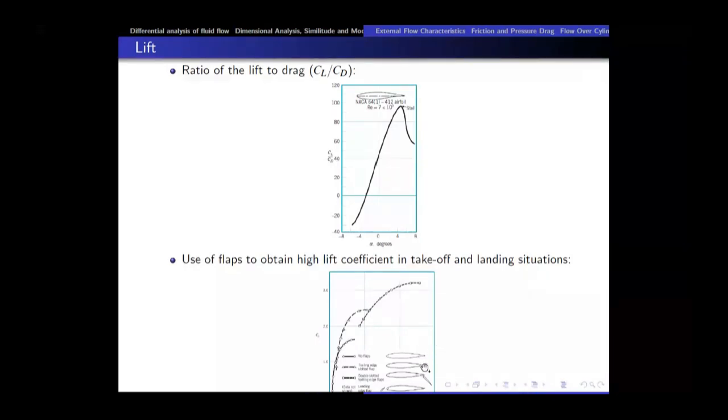So we use these flaps in the upward direction when we want to land the aeroplane, and when we want to take off, we move them in the downward direction. They are movable by the pilot of the aircraft. So that was the concept of wing flaps.